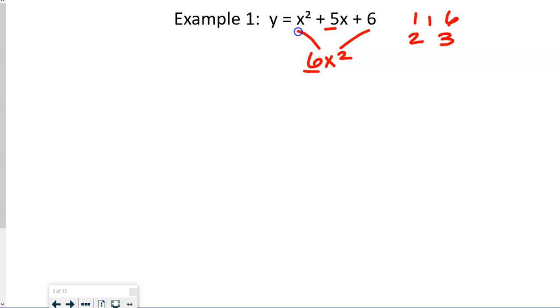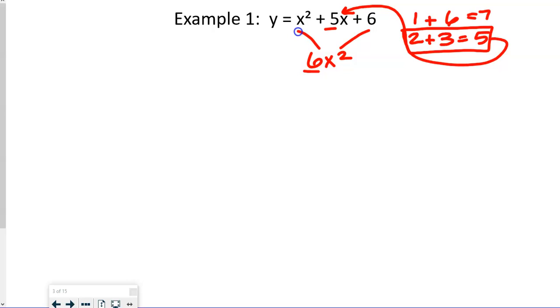So we're going to add these together because we'll multiply two positive numbers together to get a positive number at the end, right? So if we add these together, obviously this is 7 and this is 5. Well, this is the one we're looking for because that 5 equals that 5, okay?